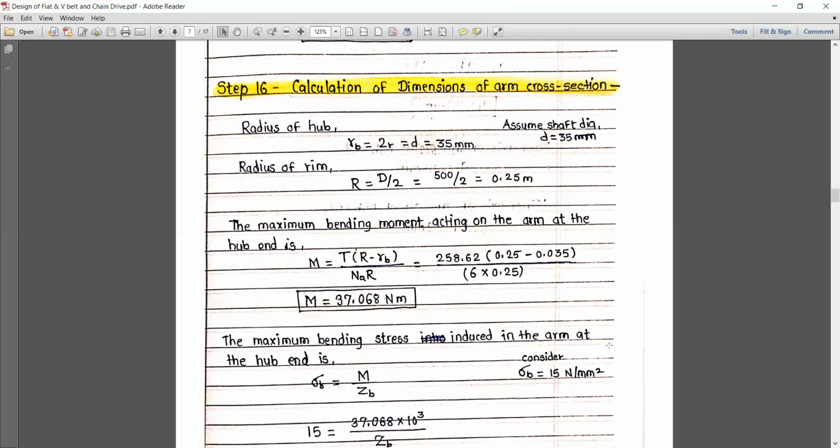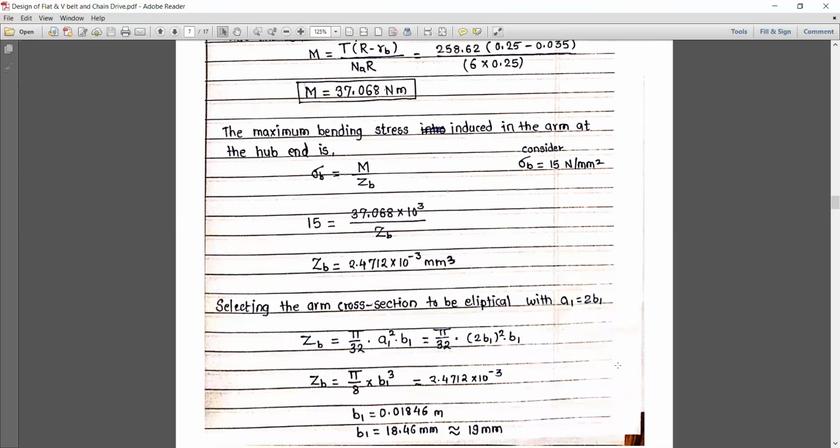The bending stress we have considered is 15 Newton per mm square. Sigma b is equal to M by Z. We don't have the value of Z, so we calculate Z directly first, because we know sigma b and M. The section modulus ZB is equal to 2.4712 into 10 raised to minus 3 mm cube.